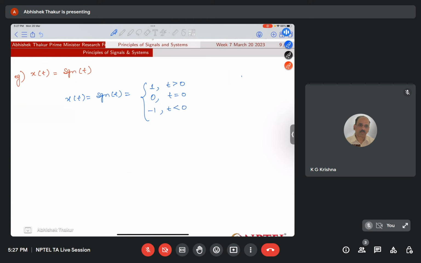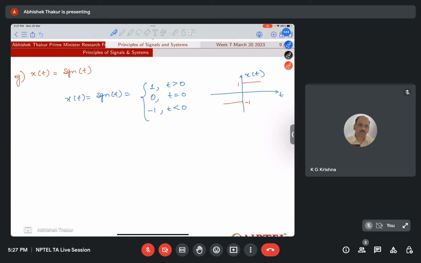So the function will look like this, with minus 1 and 1, and here is the time axis, and this is our x(t).